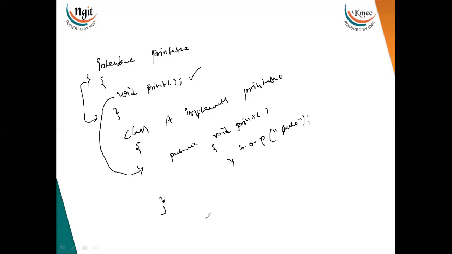Now, sir, how to run this? Better, you can take a main method. Within the main method, create an object of this class and you can run it. Now, sir, can I do it in the same class or in some other class? Better, you can do it in the same class. So I'm closing the print method. After this, I'm starting with the main method.